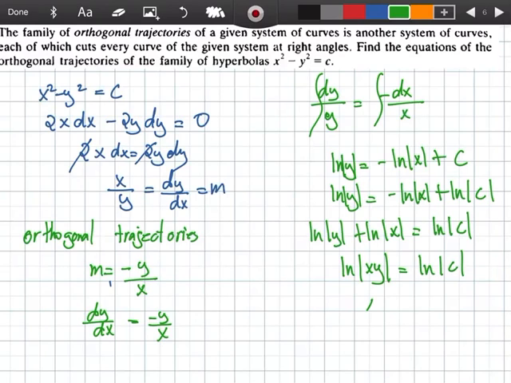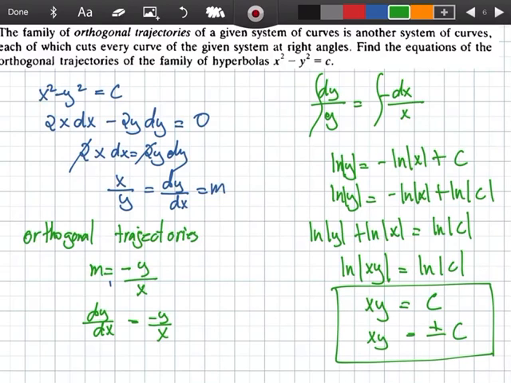Or pwede namang xy is equal to what? C. Or xy is equal to positive or negative c. Or kahit na ano dyan, any of that class. Simply xy is equal to c. So, that is the equation na hinahanap natin. The equation of the system of the orthogonal trajectories from the family of hyperbolas, that is x squared minus y squared equals c.